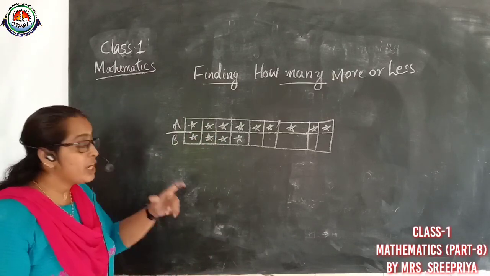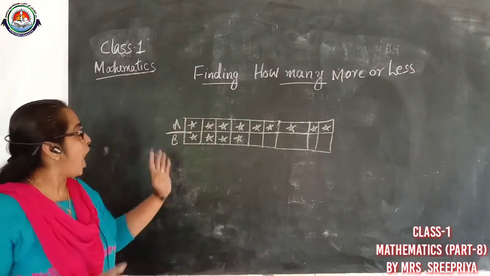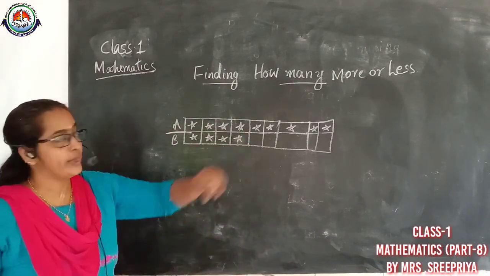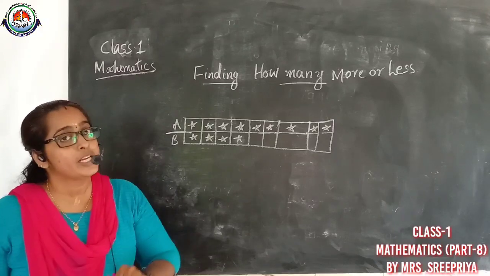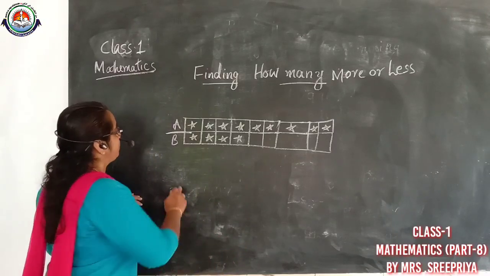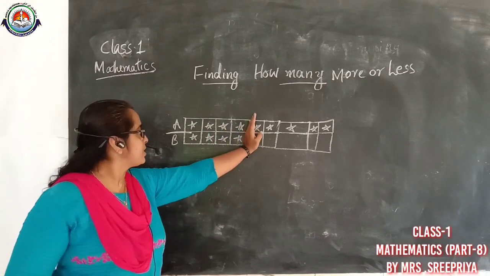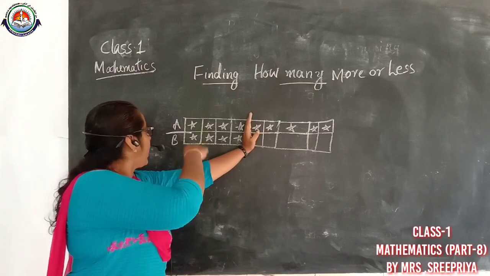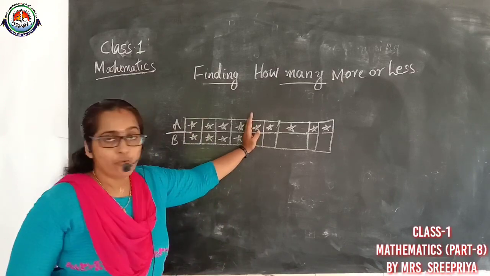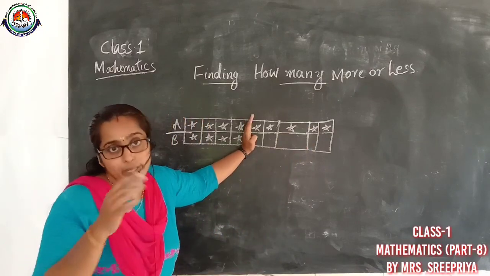Okay. So we need to know how many more A has. How many more stars with A? Shall we check how we can check? First we can check how many are there. 1, 2, 3, 4. This column is the same, no, because both A and B have 4. But after that, how many stars came?